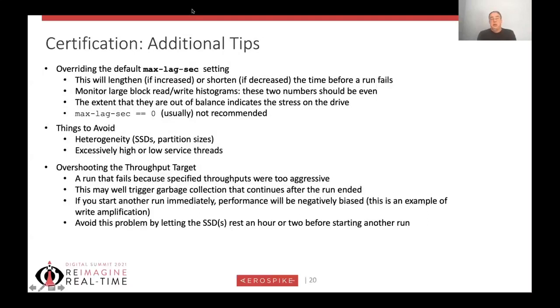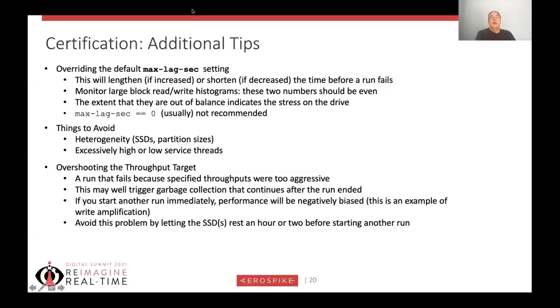A couple of additional tips. One is overriding the max lag seconds. Again, this is by default 10 seconds. It is how far your IO requests are allowed to fall behind what the drives should be dispatching.